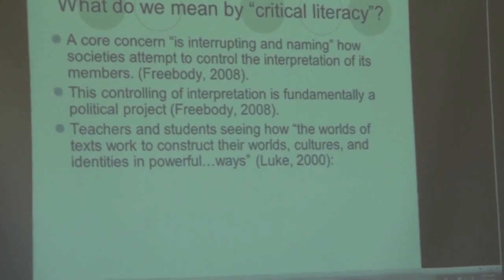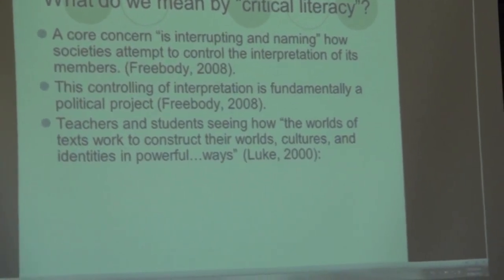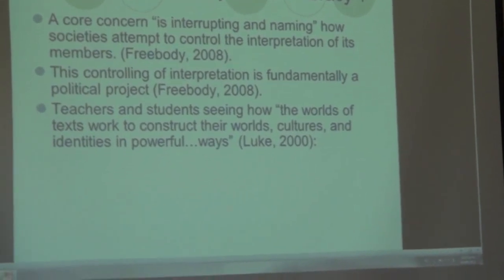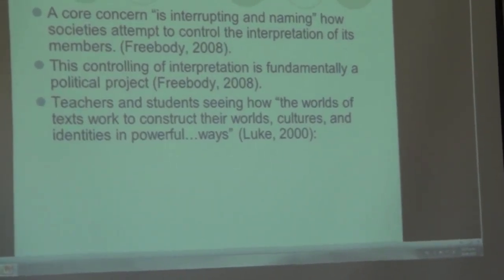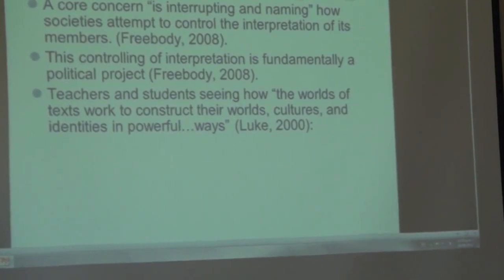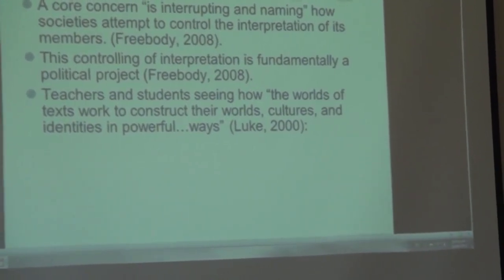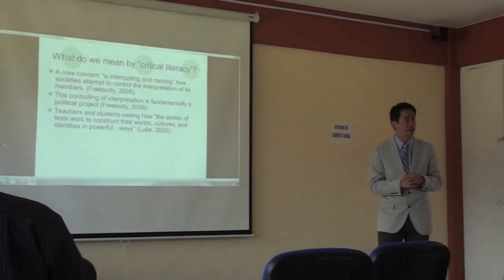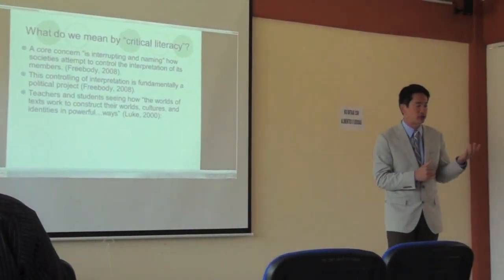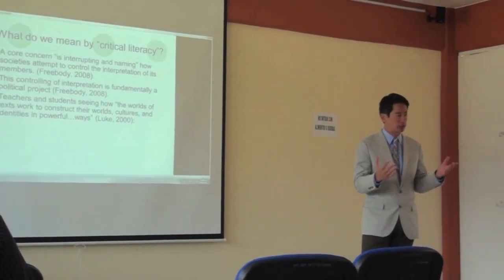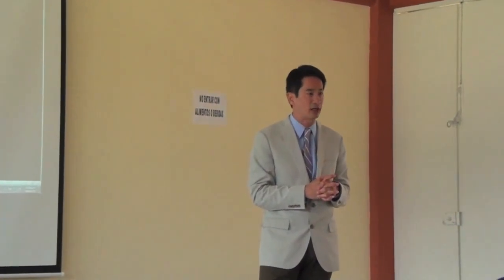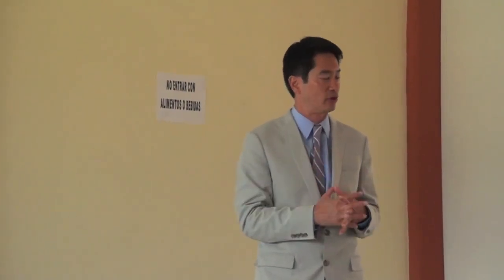Allan Luke has observed that teachers and students, both, see how the worlds of text, their everyday interactions with textbooks and texts, work to construct their worlds, their cultures and identities in powerful ways, how this is reflected back to them in text. Another example from the conversation I was having with some of your fellow classmates just prior to this was that, for example, in the state of Arizona in the United States, there was a ban on the history of Mexico and Mexican-American history in Arizona textbooks.